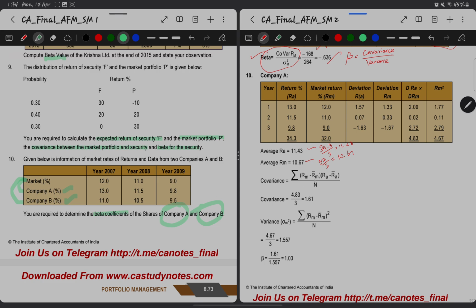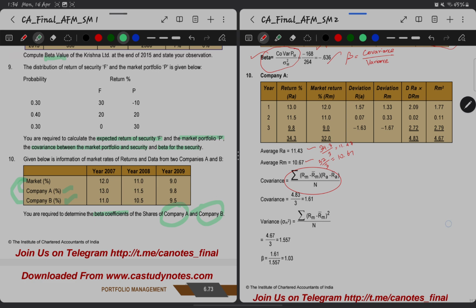So the covariance of company A with market return, in case probabilities are not given, then this will be the formula. So we have to divide it by the number of years or the items or the possibilities.